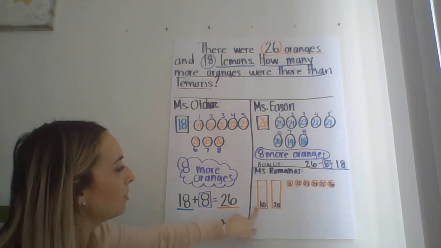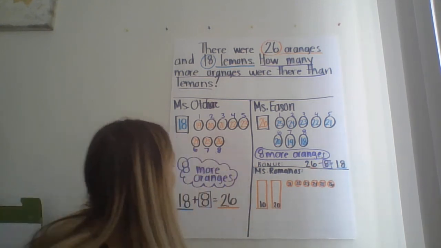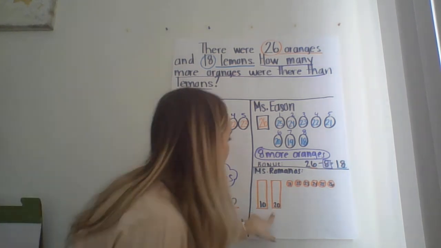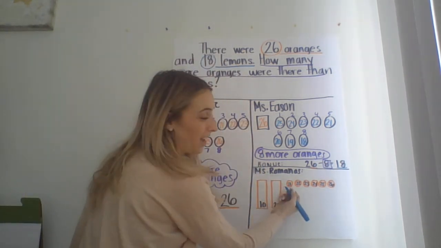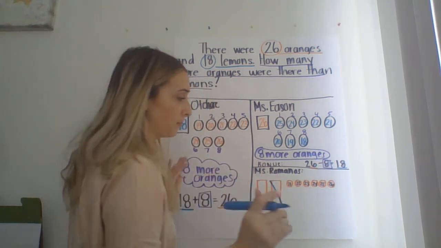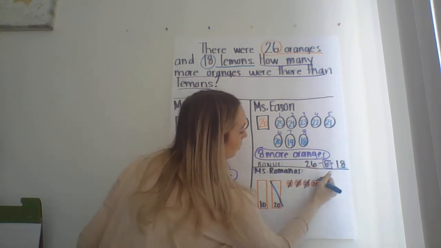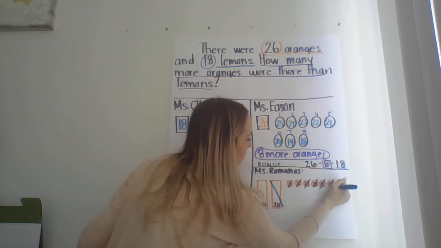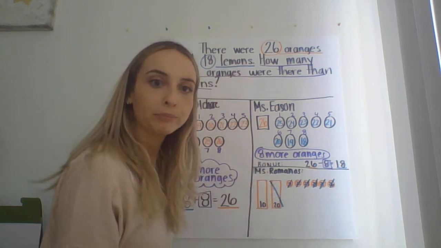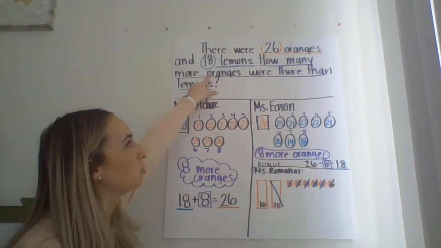So I know I'm taking away 18. Let's go. So we're going to start with our tens. 10, switch, count. 11, 12, 13, 14, 15, 16. I took away 16, but how many do I need to take away?